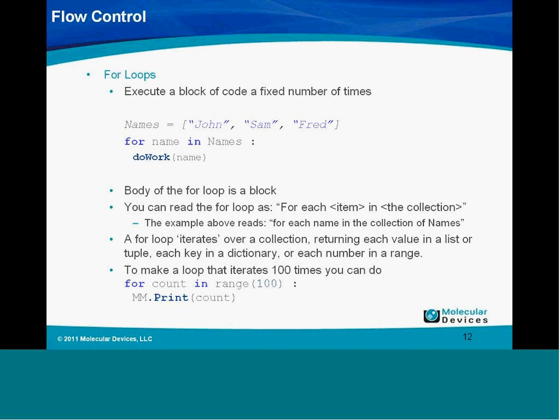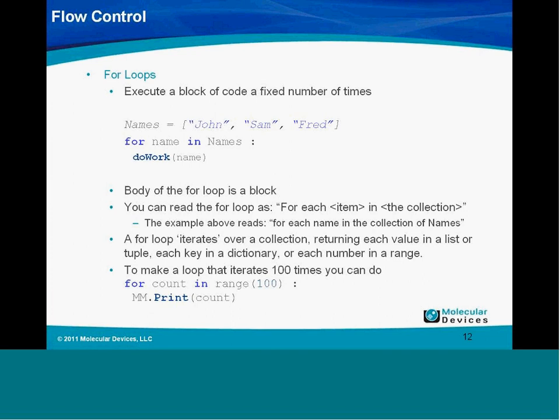Another type of flow control would be loops. A loop is going to execute a block of code a fixed number of times, a for loop. So for instance, given a list of names, John, Sam, Fred, we could use a for loop in the format for, the keyword for, the name.